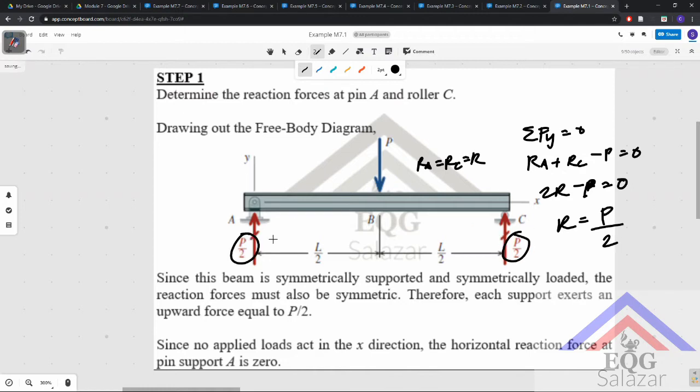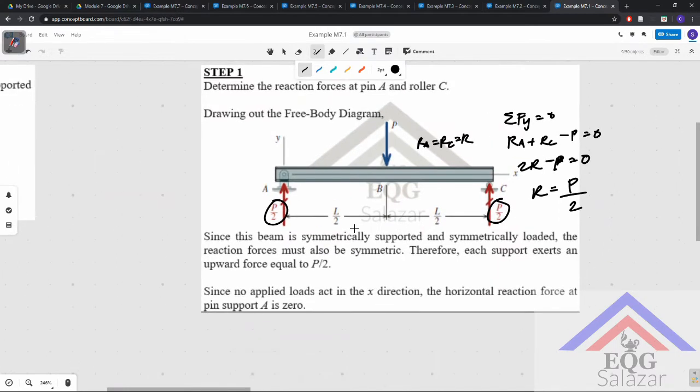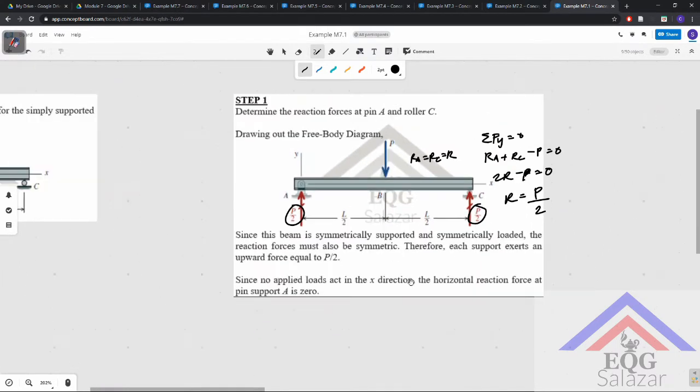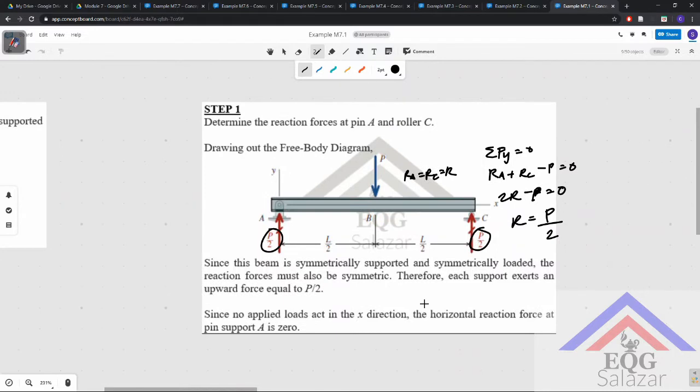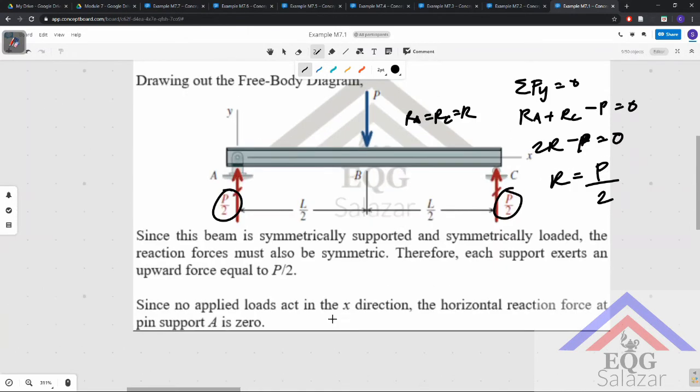Okay? So that should not be difficult for you to understand at this point in our study of mechanics of deformable bodies. In fact, this is an application only of statics. Since no applied loads act in the x direction, the horizontal force at the pin support A is 0, because there is supposed to be a horizontal reaction here as well.